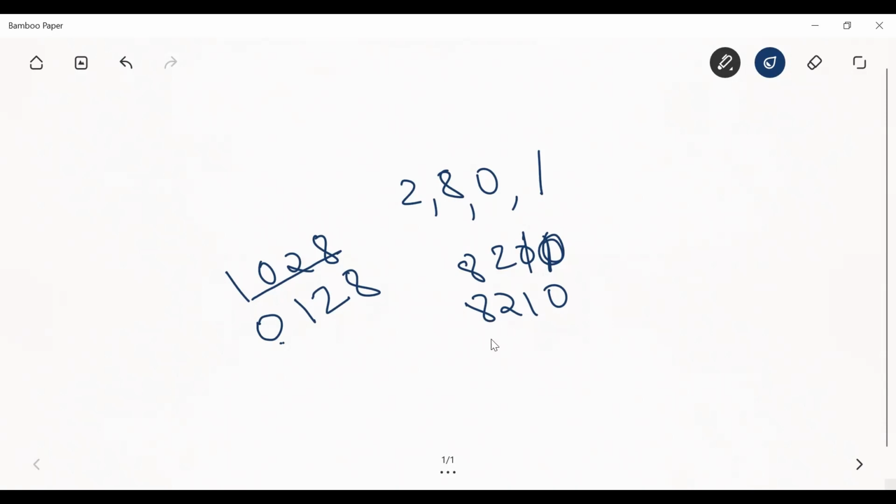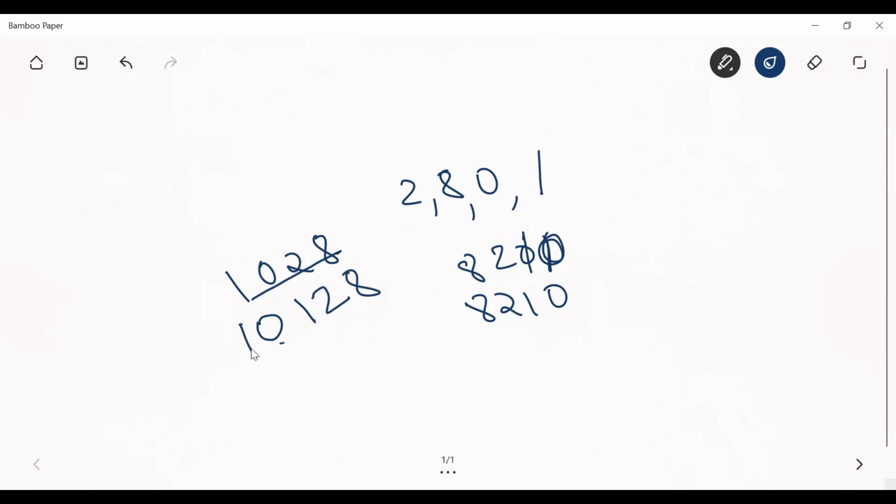8210. And then when we have to make the smallest four-digit number, we can't put 0 in the front. We have to put one more number bigger than 0, and then we can put 0. But if we write the 1 over here, does it become a four-digit number?